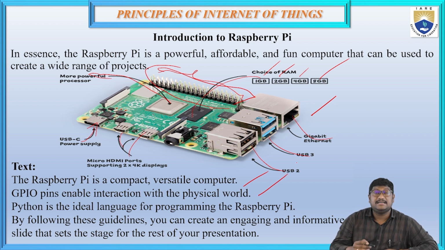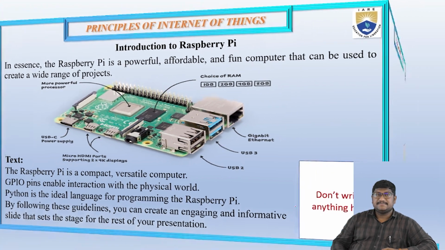Along with that, Python is the ideal language used for programming the Raspberry Pi, guys. And by following these things, you can create wonders. We are able to give some informative things, which are set out in this presentation, guys.